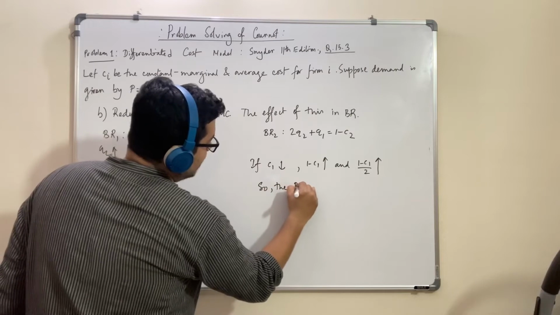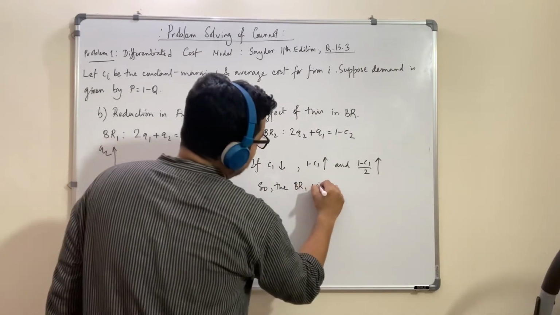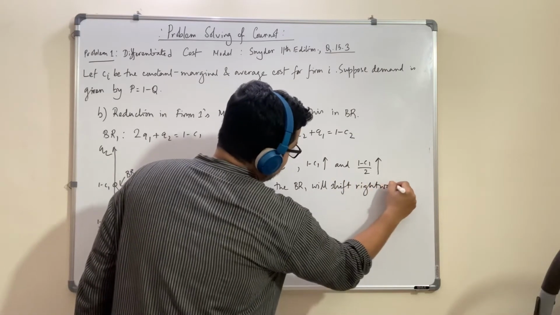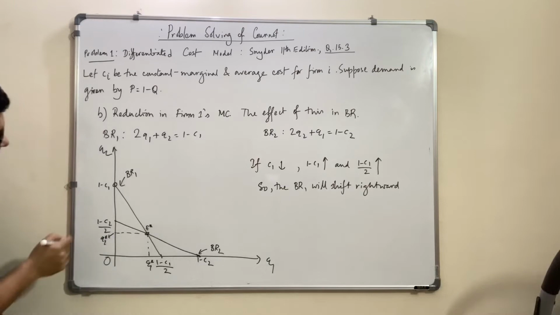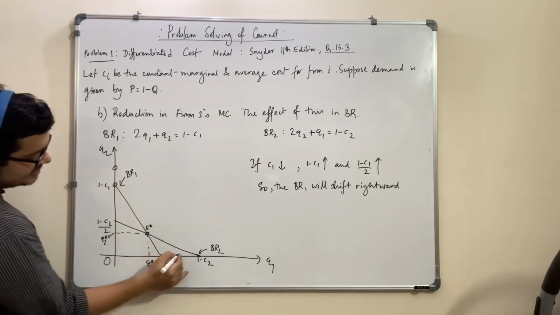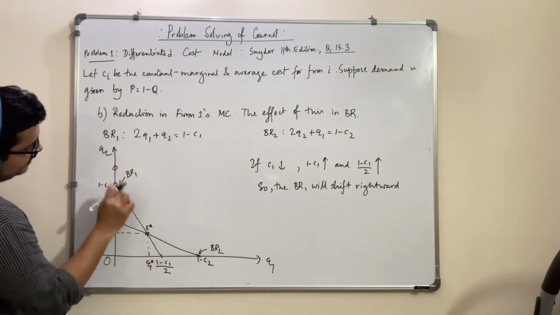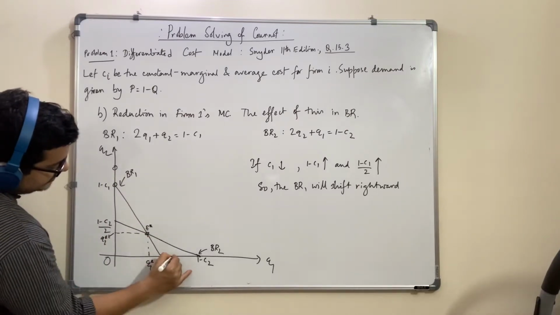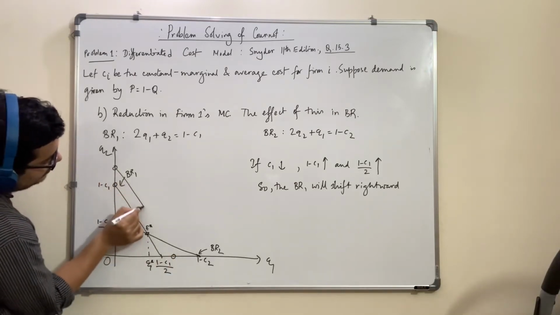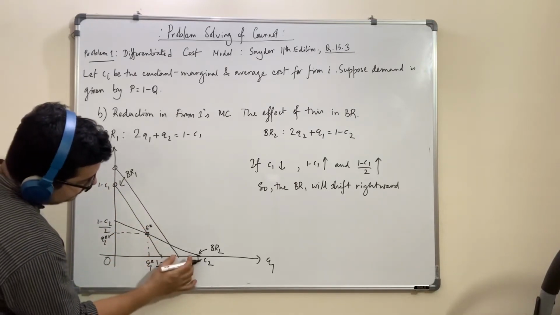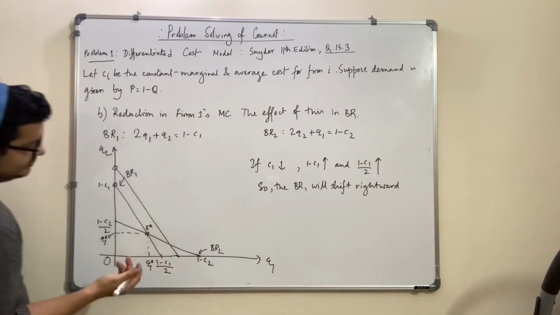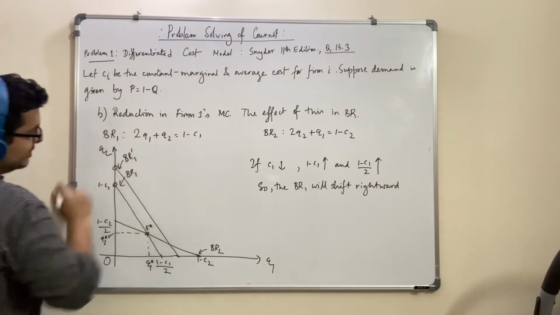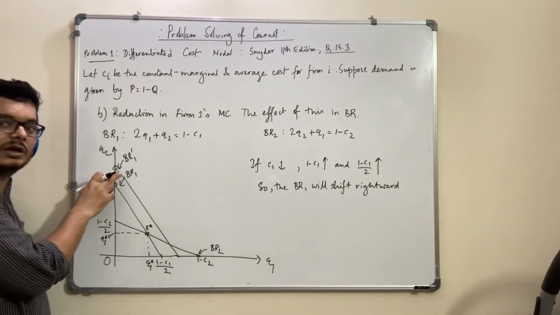So the best response 1 will shift rightward. So let's say these are the 2 points. Good. So this is my new BR1 dash, which represents the lower cost.